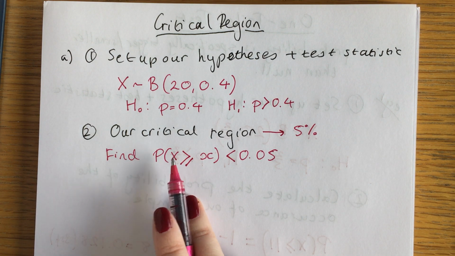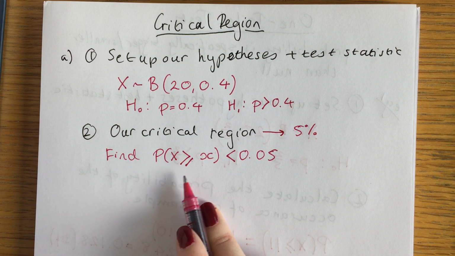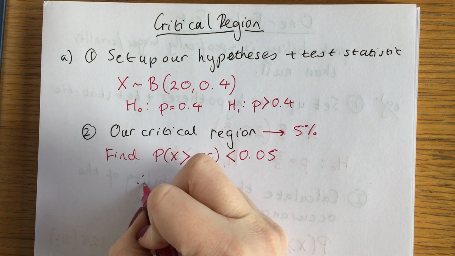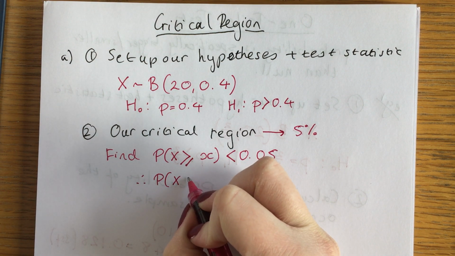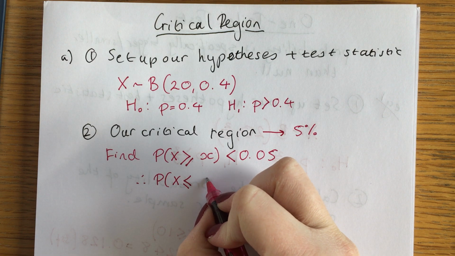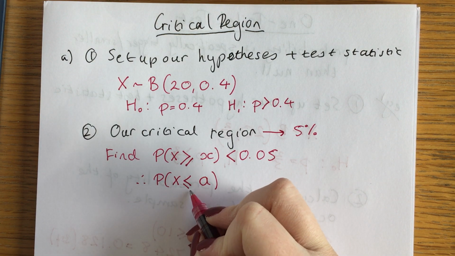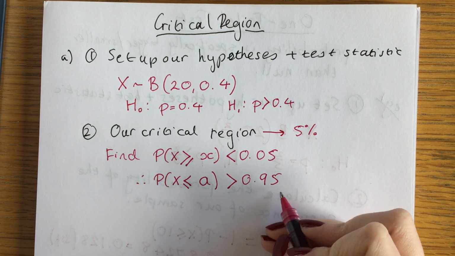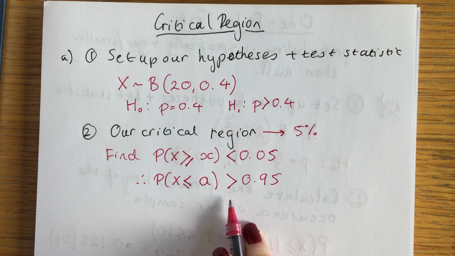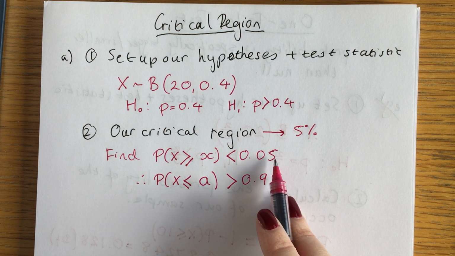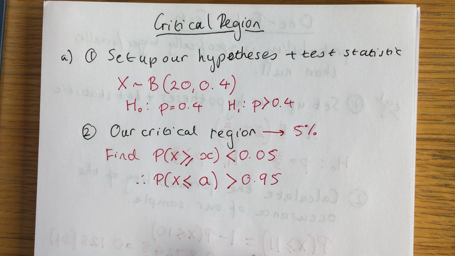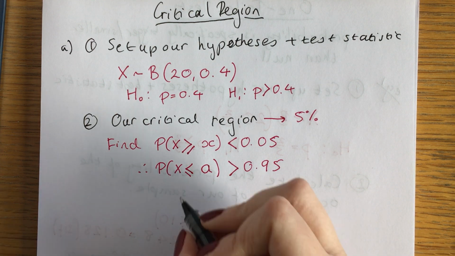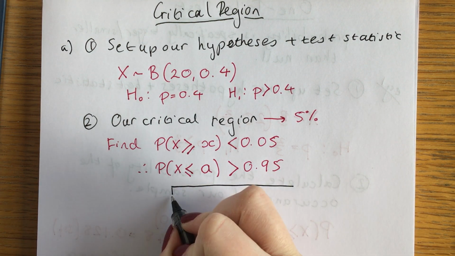I want to know the value where x greater than or equal to a number is less than 5%, which means I need to use my calculator to find when x is less than or equal to a particular value is more than 95% chance, because that means that being greater than the next value up will have less than a 5% chance of happening, and this gives us our critical region. Now it's quite useful to do this on a bar model.